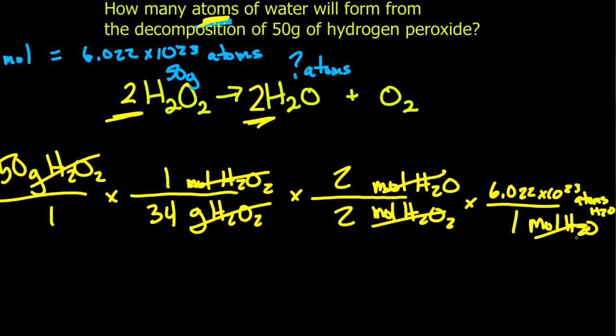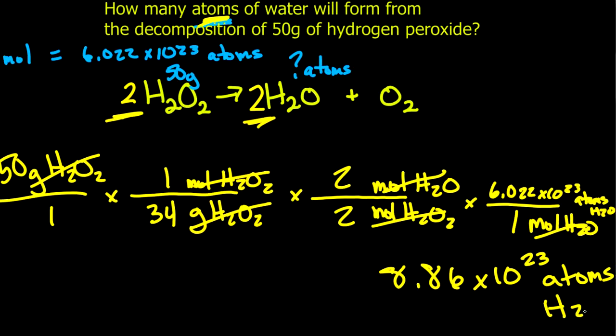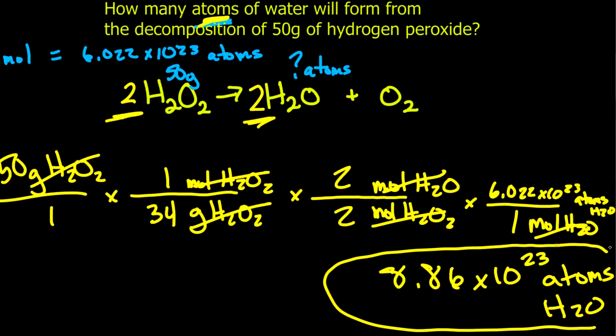So I multiply that by 6.022 times 10 to the 23rd. And that leaves me with 8.86 times 10 to the 23rd atoms of H2O. And there's our last answer.